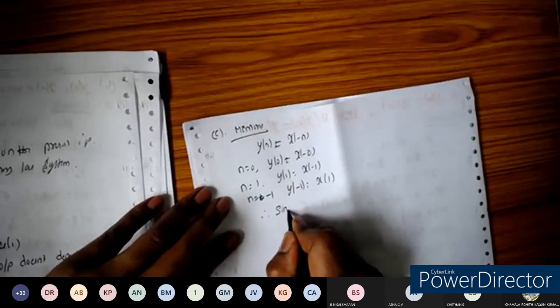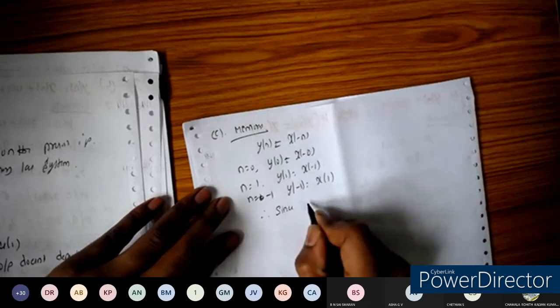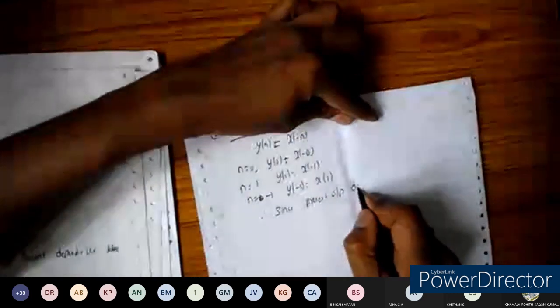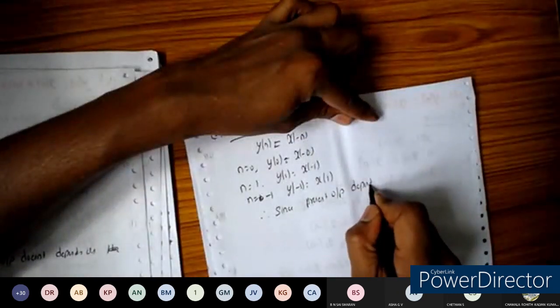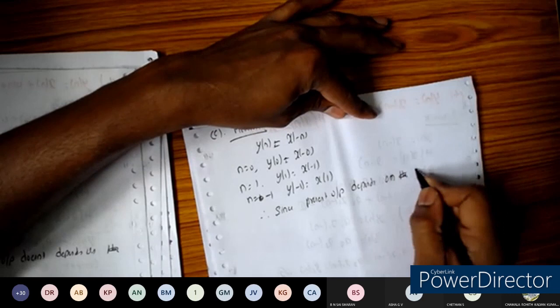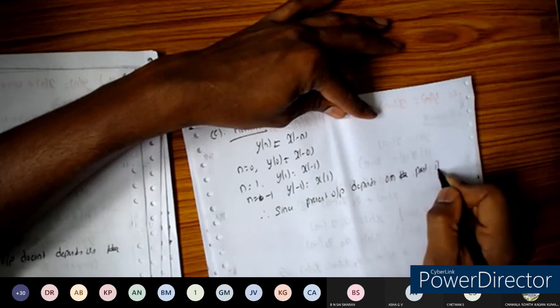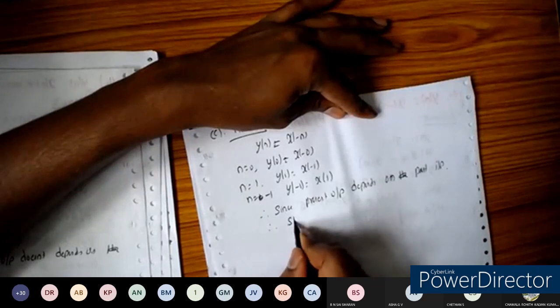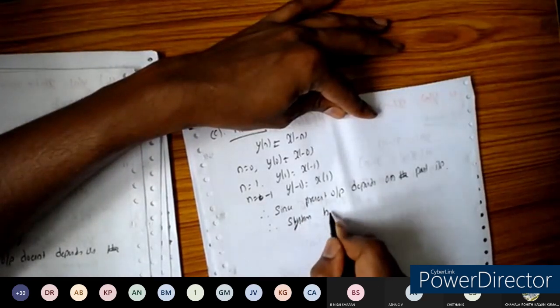Since the present output depends on the past input samples, therefore the system has memory.